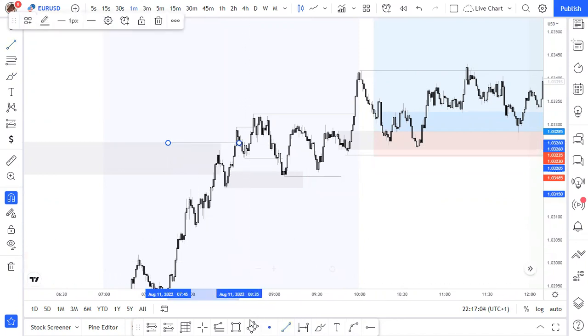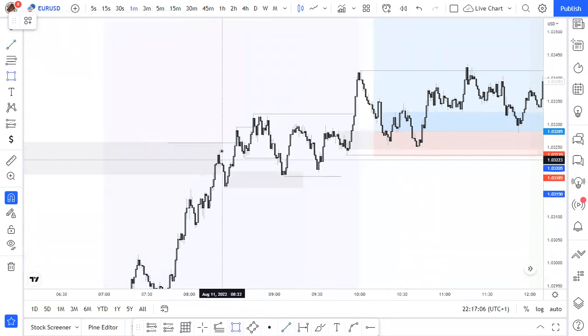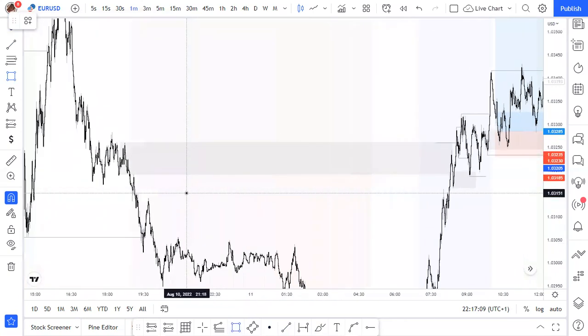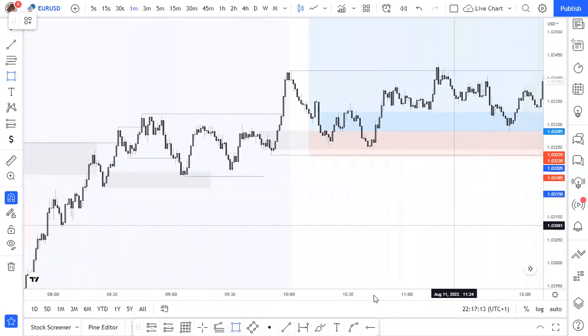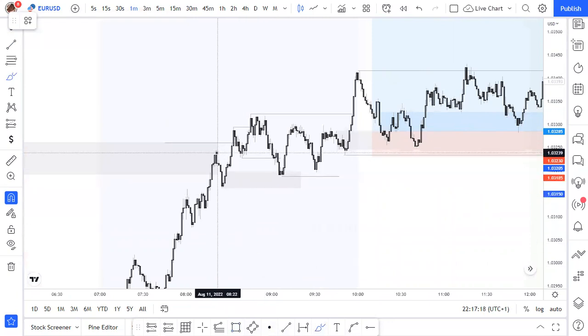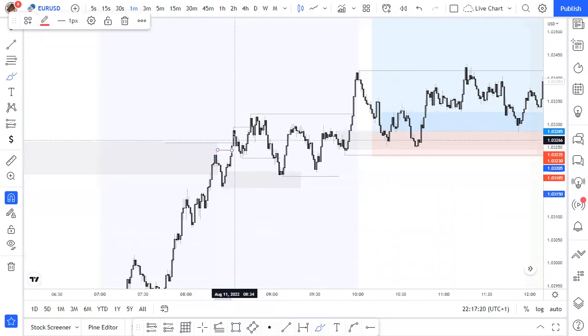To me, this was some kind of interaction between supply and demand. Here, when we broke above this high, price pulled back, respected the range, and then we broke above this high again. I didn't take the trade here.